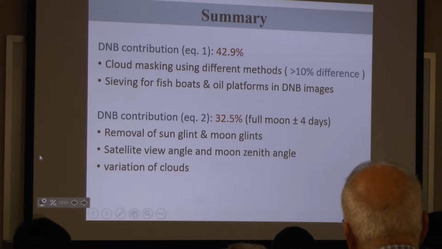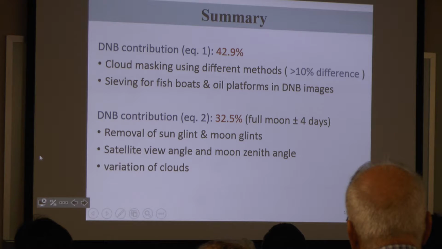So here's my summary. For daylight band contribution for all water pixels in images, it contributes 42.9%. Factors that are causing this disparity come from two different cloud masking methods in this study, which introduce more than 10% difference.